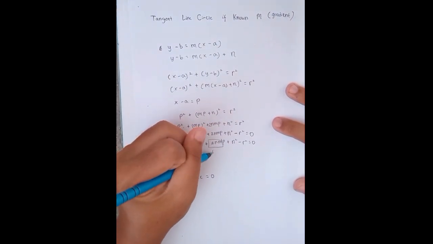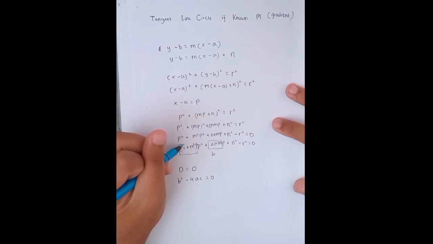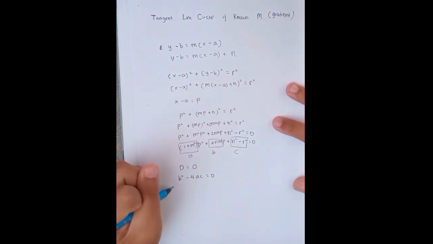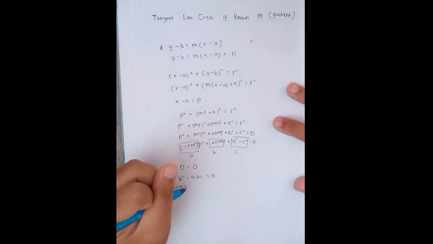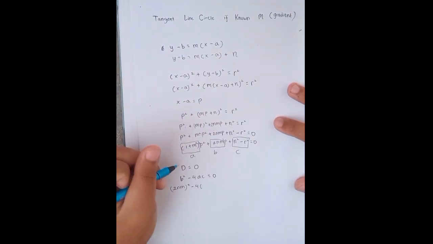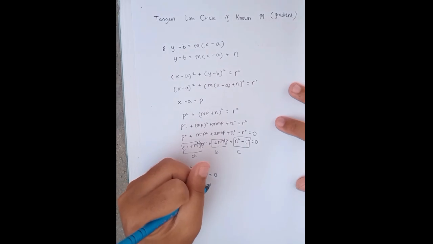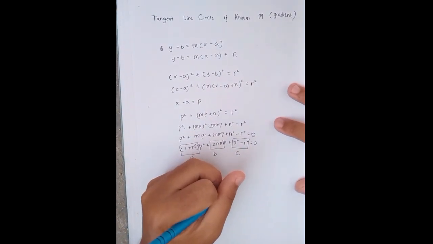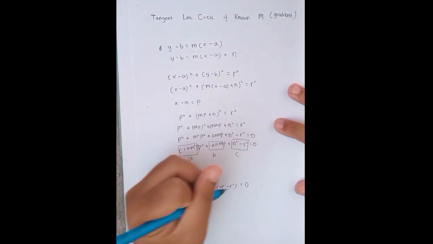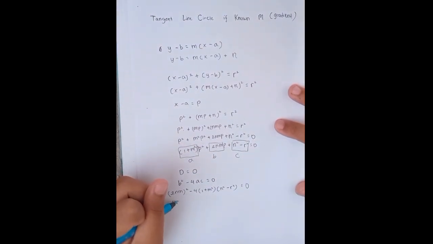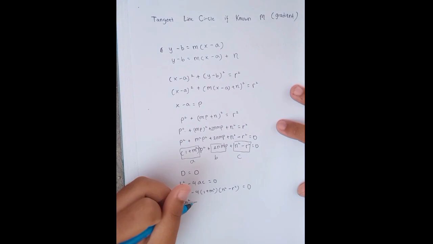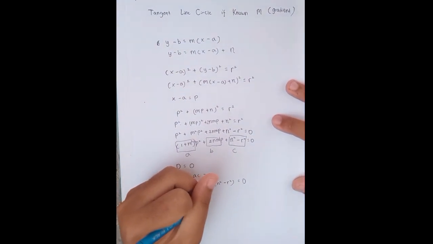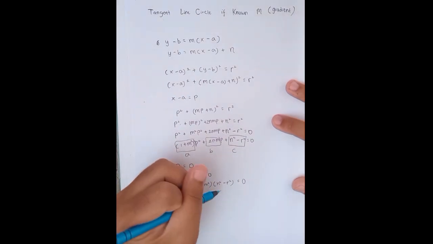Discriminant is b squared minus 4ac. Substitute the a, b, and c into the equation of the discriminant. 2nm squared is equal to 4n squared m squared, minus 4.